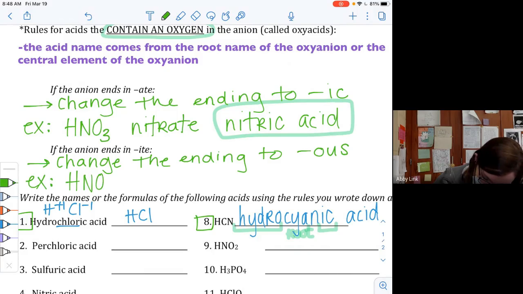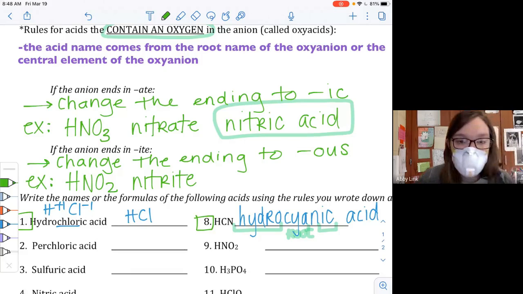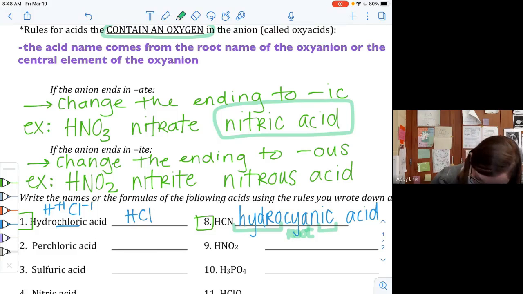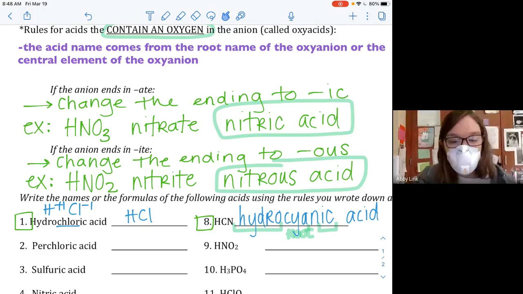Let's do HNO2. NO2 is nitrite, with an ITE at the end there. So I'm going to change the ending to OUS. So nitrous acid is my name. Questions or concerns there?